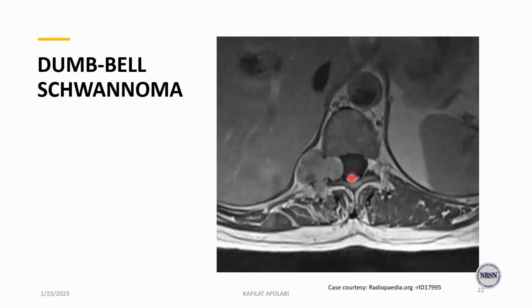So there's an extradural component of the lesion. And usually it goes through the neural foramina. If you remember our anatomy, the neural foramina is in these lesions. This lesion has extended from the intradural space to the extradural to form a paravertebral soft tissue. Of course, both lesions are enhancing, so you can't use the enhancement pattern to differentiate them.